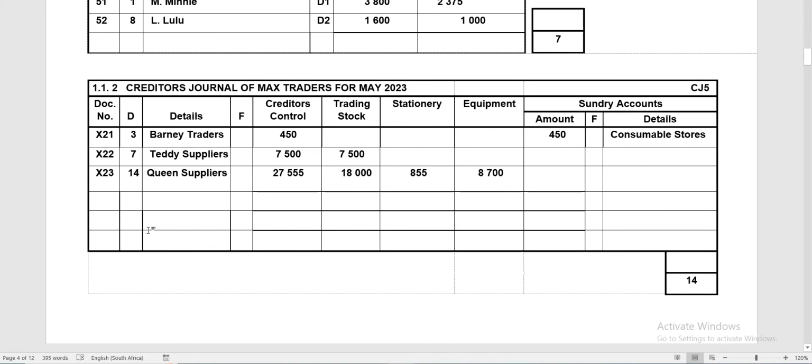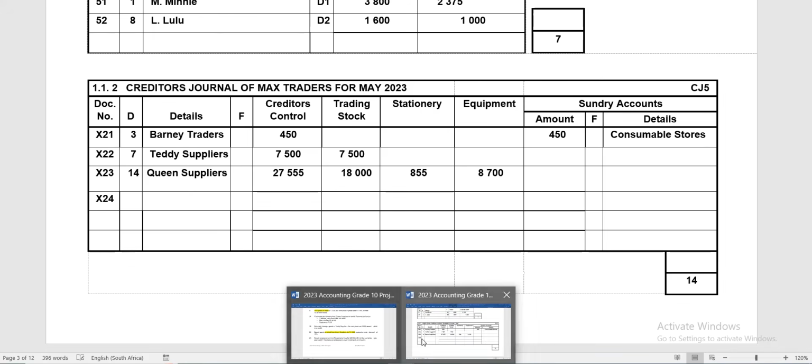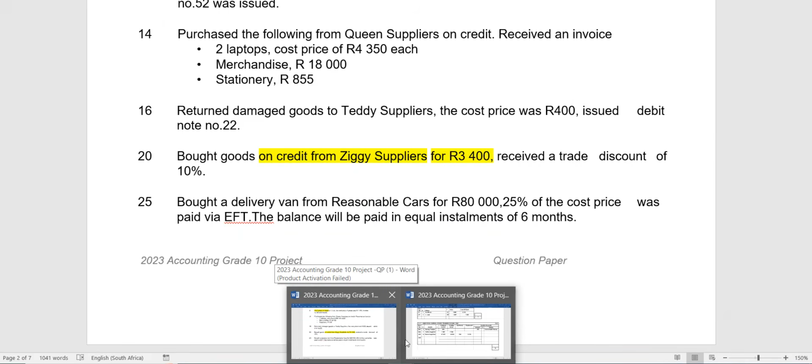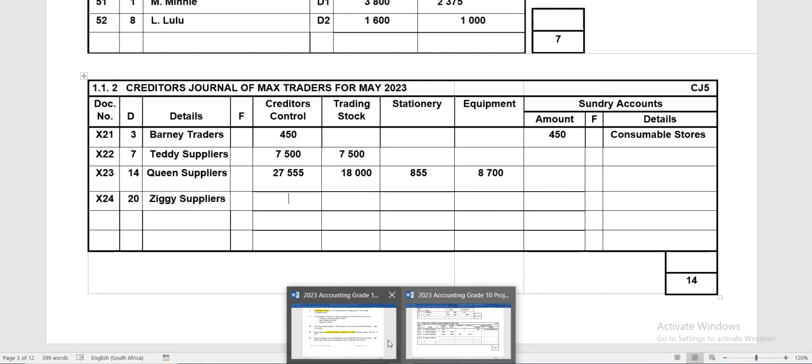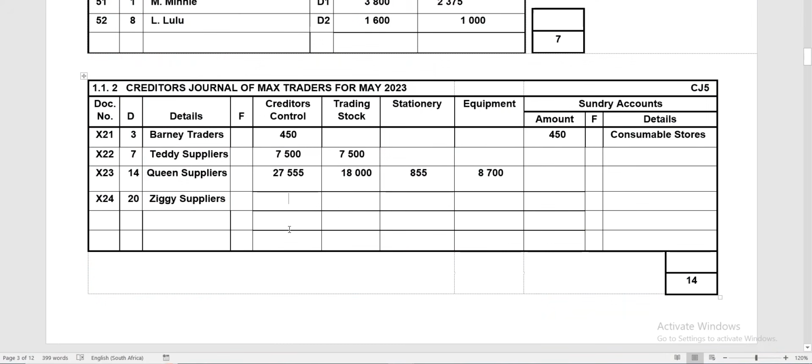Remember, it's going to be invoice number X24, and this took place, I think, on the 20th, so we'd have day number 20, and we'd write Ziggy suppliers here, and the total that we bought those goods for, I think it was 3.4. So we're going to record that 3.4. We are not going to less the trade discount, because it has already been subtracted.